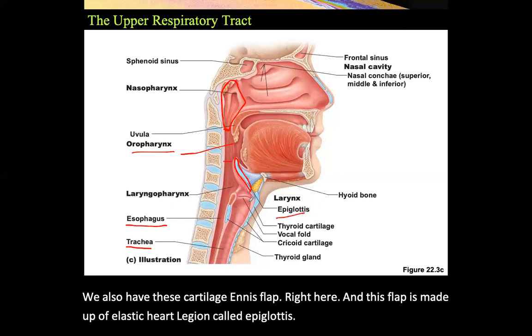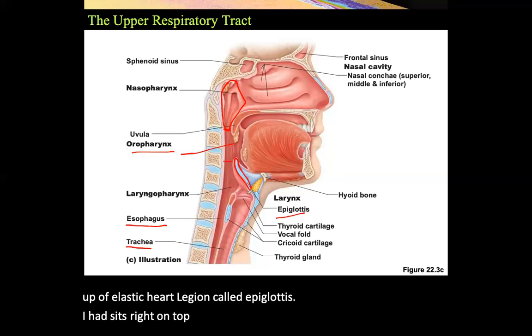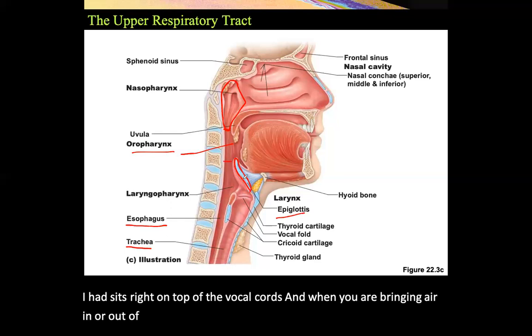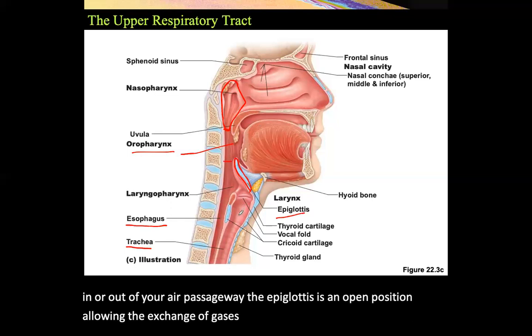It sits right on top of the vocal cords, and when you are bringing air in or out of your air passageway, the epiglottis is in an open position, allowing the exchange of gases in and out of the system.